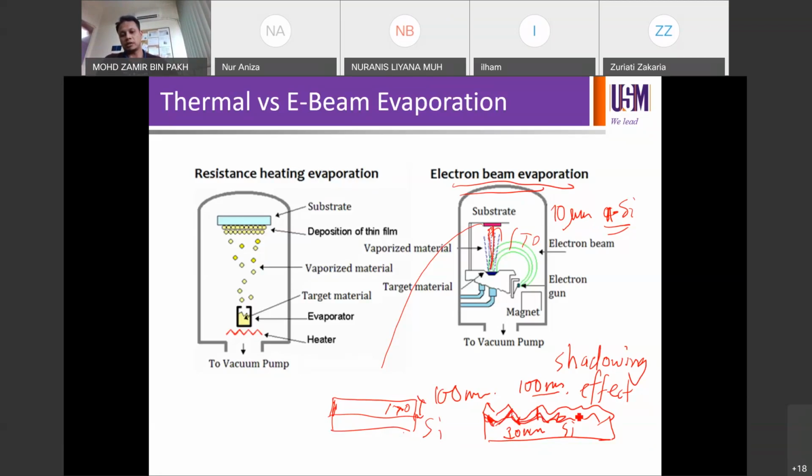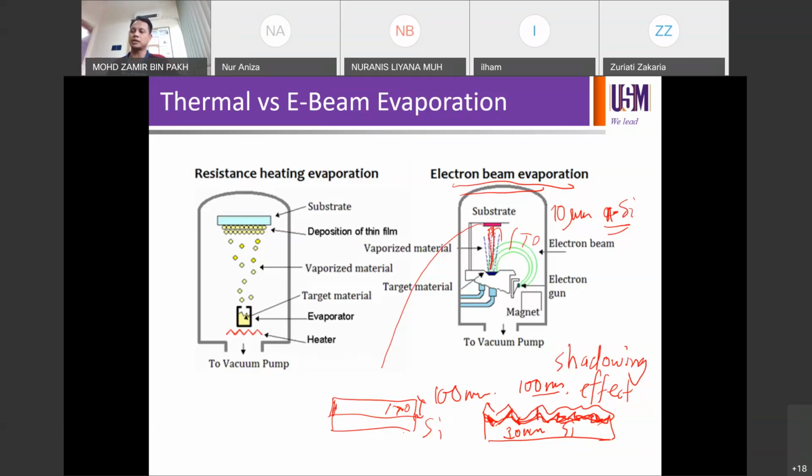If you deposit a thick material, for example 10 micron, this shadowing effect may not be a big problem because your material is thick enough to be noticed on the steep angles. So you'll probably see 10 micron everywhere, and some areas you'll have like 9.8, 9.7 micron instead of 10 micron, and that doesn't give you significant effects in terms of the properties of the deposited material.